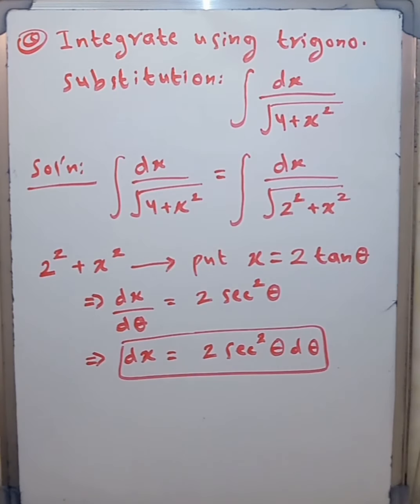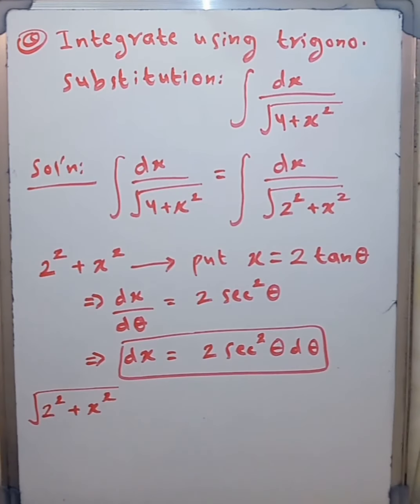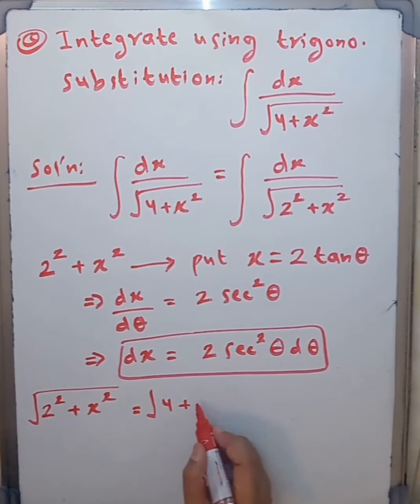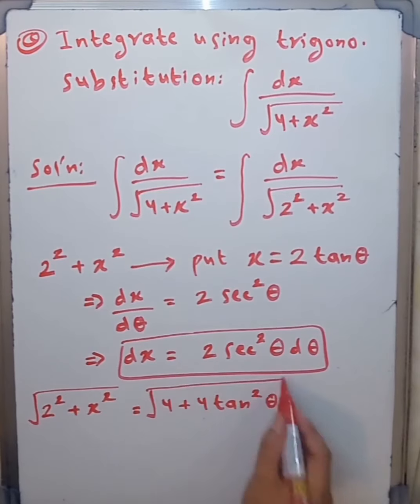Same way, square root of 2 square plus x square is also appearing in the integral. This also let us evaluate. This will be equal to square root of 4 plus x square. X is equal to 2 tan theta, so x square will be equal to 4 tan square theta.